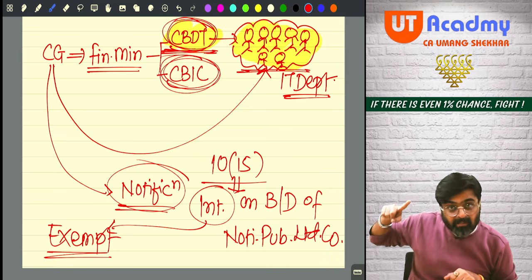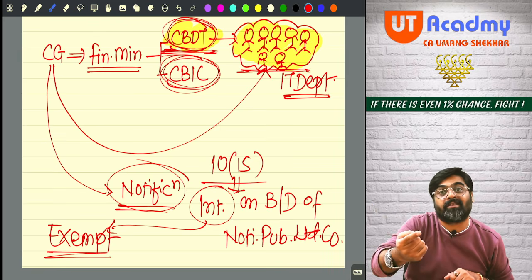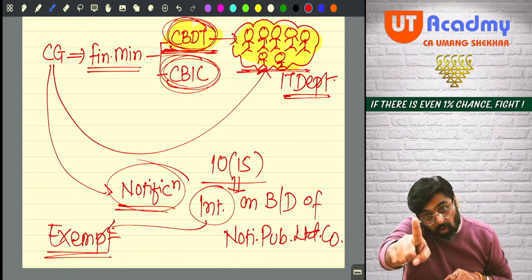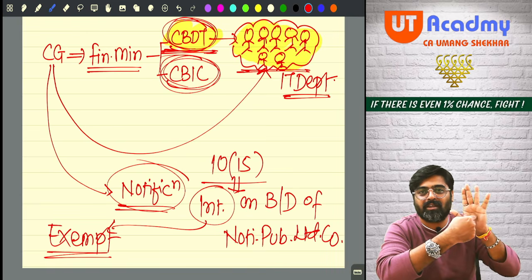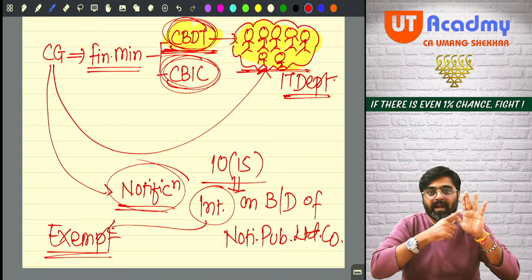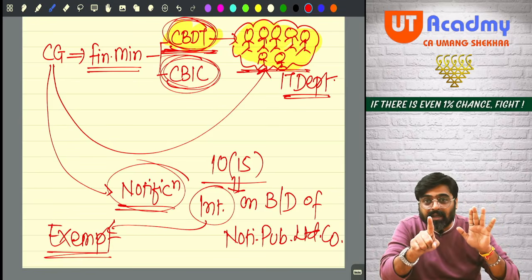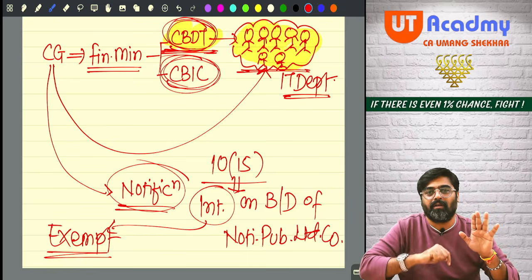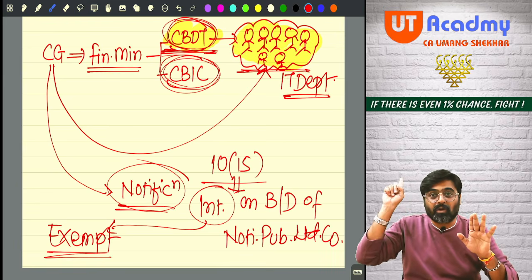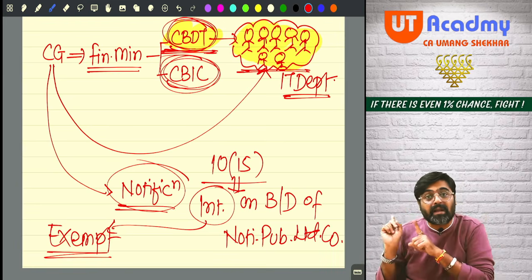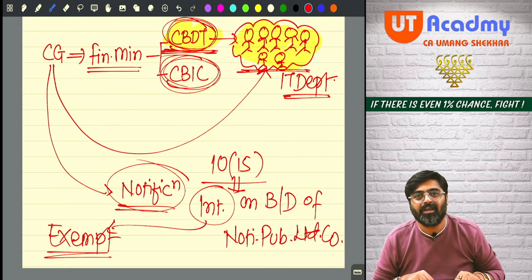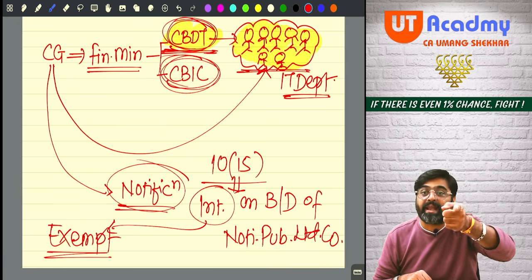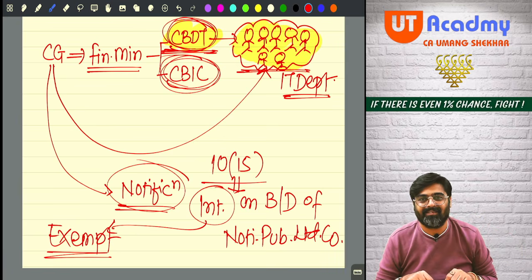Even the income tax department will give you the exemption of only this interest. So the notification is binding for you and also for the department. Whatever is written in the notification, you will follow, and even the department will follow. The department cannot give you exemption for any other interest, and you cannot claim exemption for any other interest.